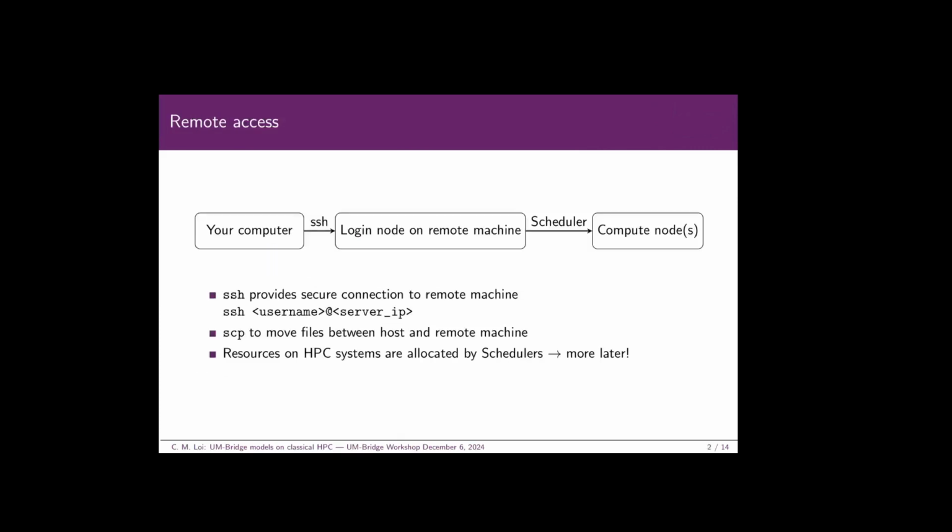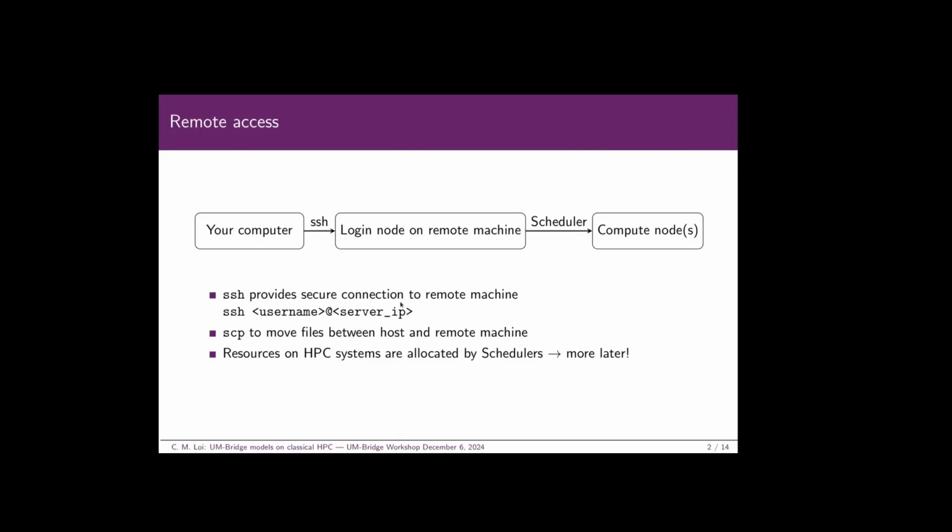Similarly to cloud computing, you usually don't have direct physical access to supercomputers like you have on your laptop or desktop. The way you get access to them is through SSH. It means secure shell, and it provides an encrypted channel that connects your terminal onto the remote machine. The way you enter the command is something like ssh, your username, and then the IP of the remote machine.